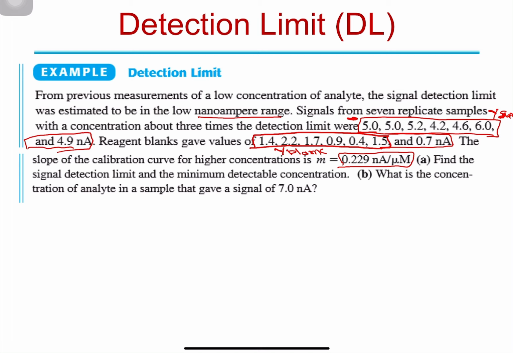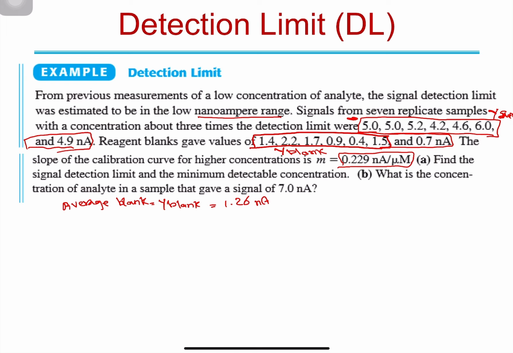So the first thing we need to do is to find the average of the signal of the blank. The average of the blank is very important. The average of the signal of the blank, which is y blank, if we calculate it, you will find the average of the blank is 1.26 nanoampere.